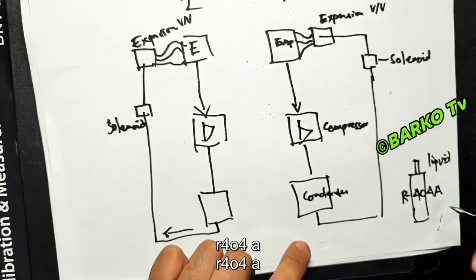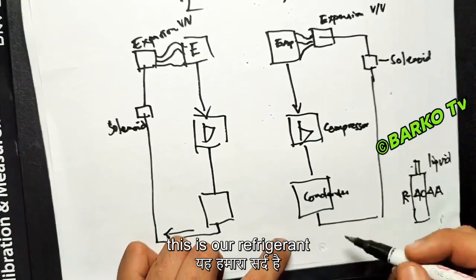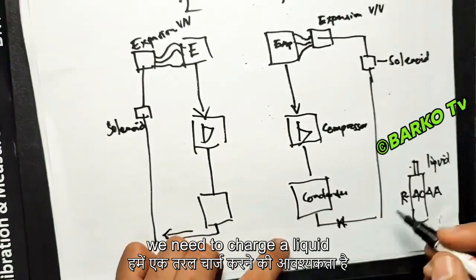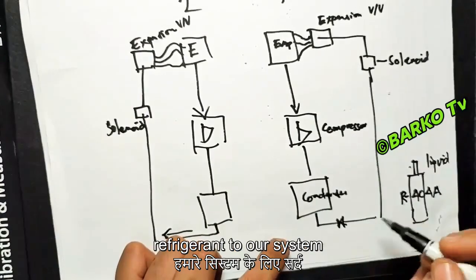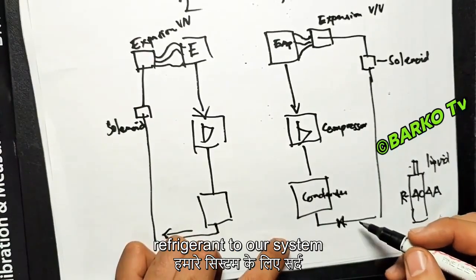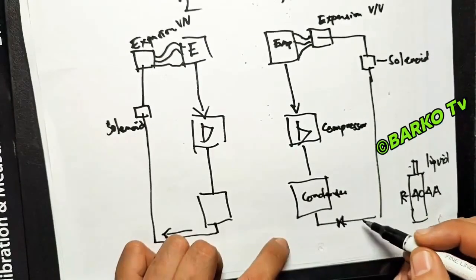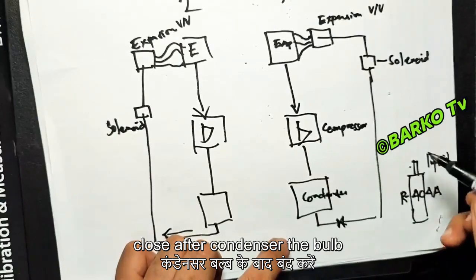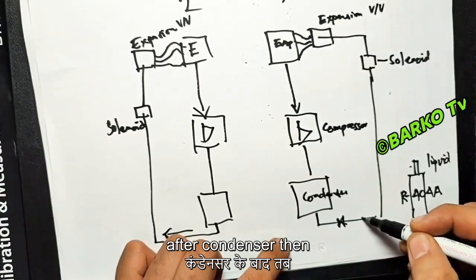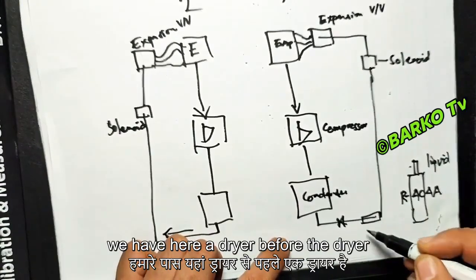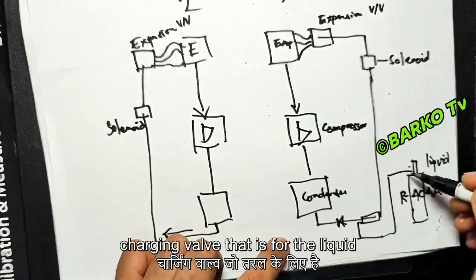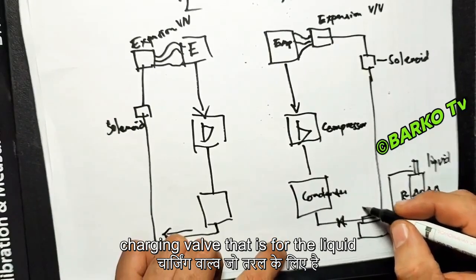R404a. This is our refrigerant. We need to charge a liquid refrigerant to our system. Close after condenser, the valve after condenser. Then we have here a dryer. Before the dryer, there is a charging valve that is for the liquid.